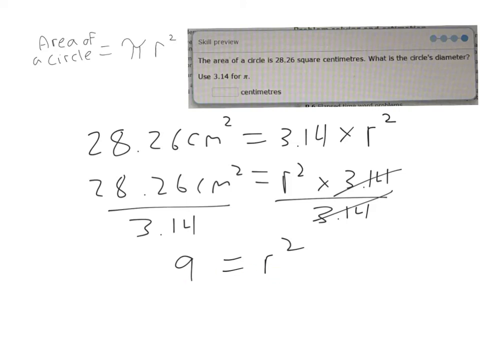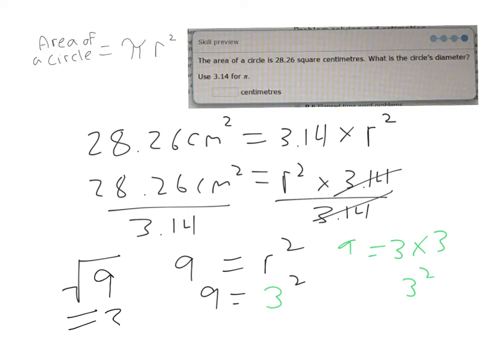I hope you can figure out that the answer should be 3, because 3 times 3 equals 9, and that is 3 squared. If you can't see that, this is a square root sign. It is on your calculator. So if you type this symbol on your calculator and then write 9, it will tell you that the answer is 3. A square root is anything where it's the number times itself.